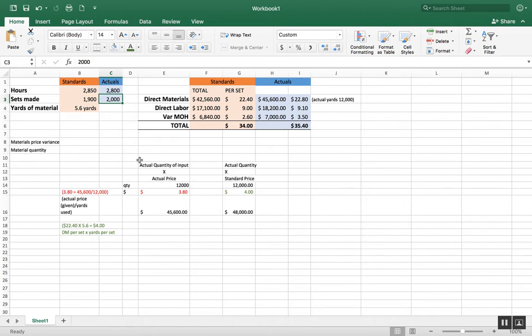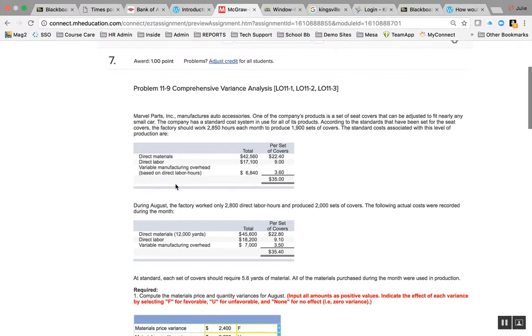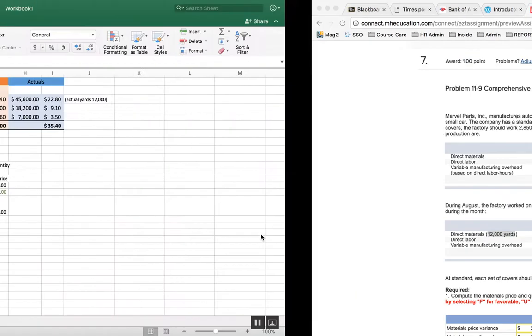So now we're going to go to the material price variance, which is AQ, actual quantity. How much did I actually use times the actual price? What did I actually pay for this? In this case, the problem tells you right over here that you actually bought 12,000 yards of material for $45,600.